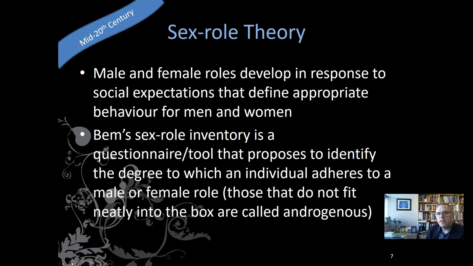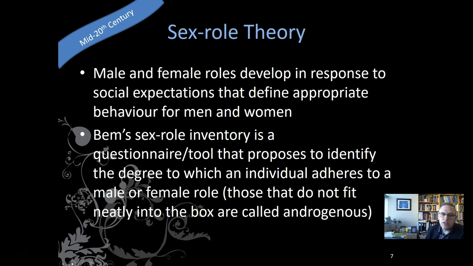Now, in the mid-20th century, there was a theory called sex role theory, which was an improvement on biological essentialism, but it still had its problems. In sex role theory, it was an acknowledgement that male and female roles developed in response to social expectations that define appropriate behavior for men and women.